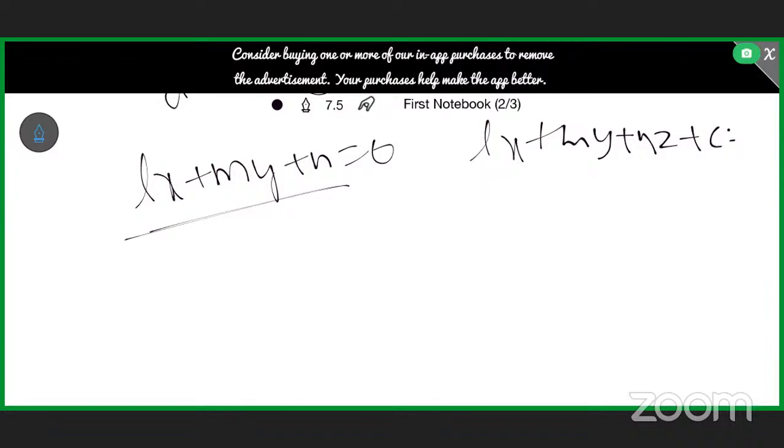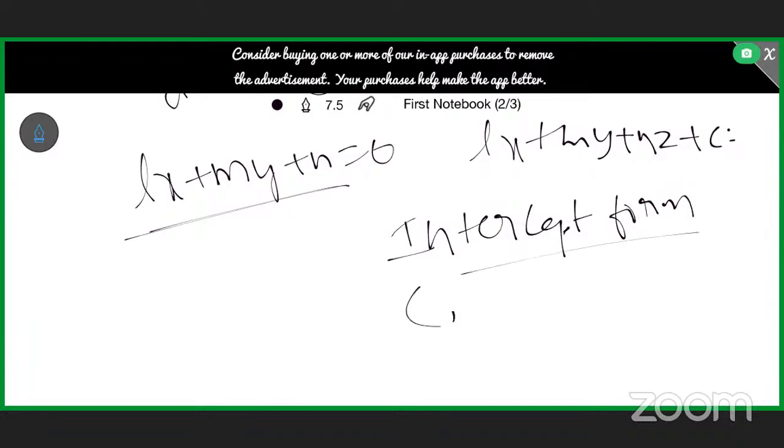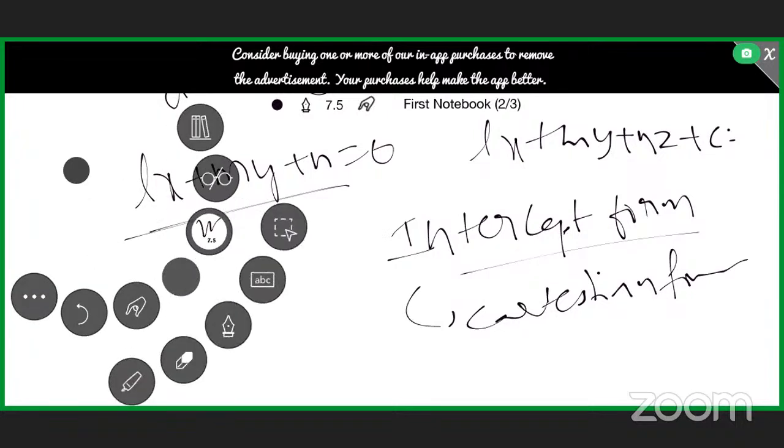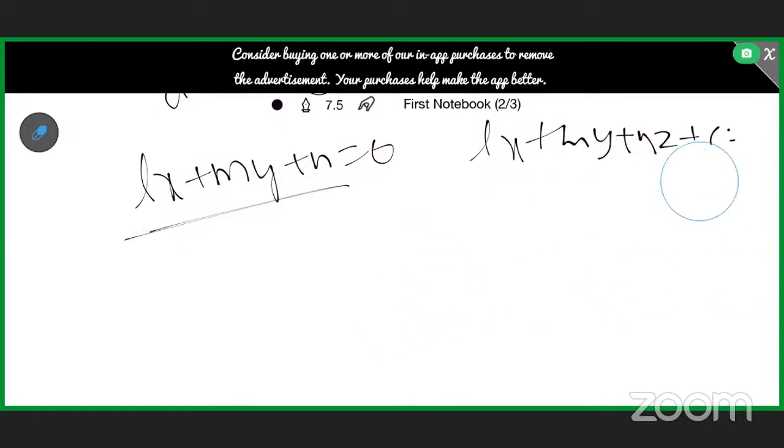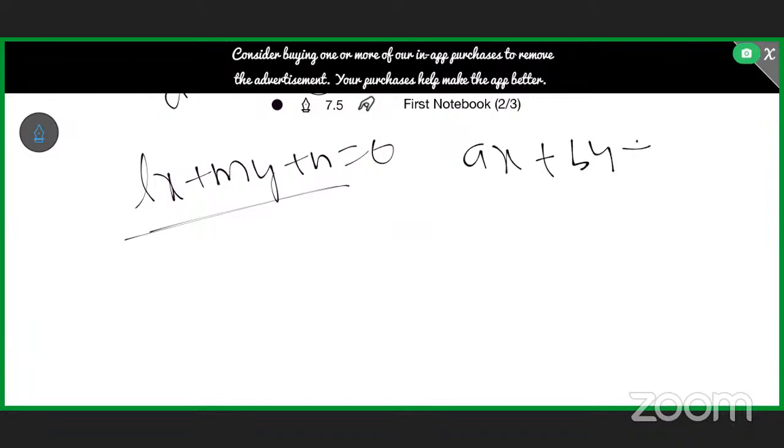We call this the intercept form, the equation in Cartesian form. Don't worry, it is the same thing given in 2D form. Lx + My + N = 0, and there is one more equation, Ax + By + C = 0, a normal equation.